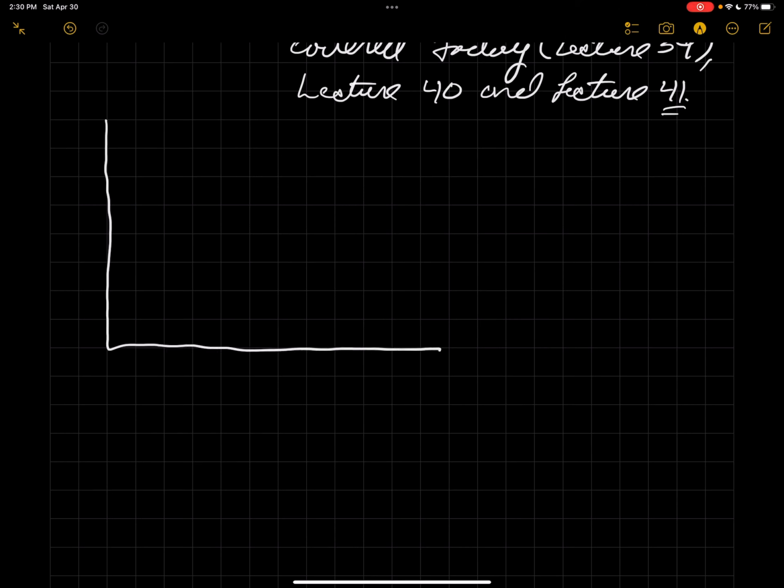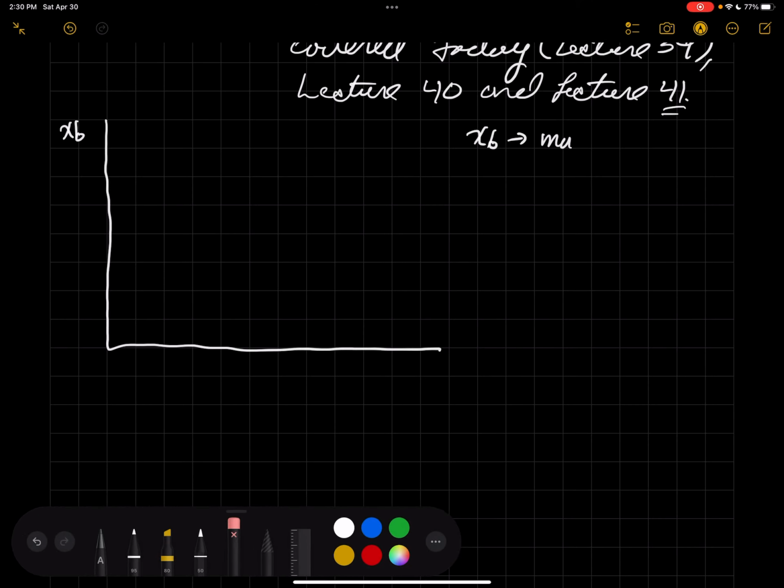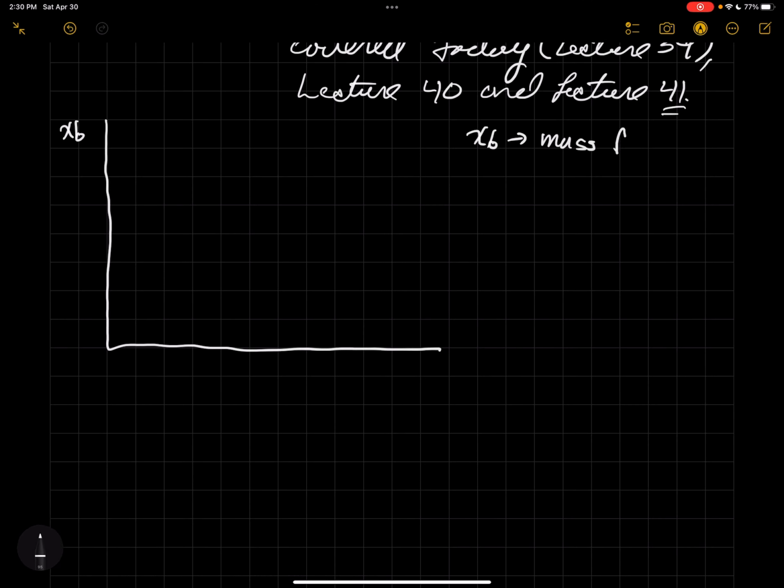And so what I'll draw on the y-axis is x sub b, and x sub b is basically our mass fraction burn. So this is mass fraction burn. And I'll oftentimes use the acronym MFB to indicate mass fraction burned.